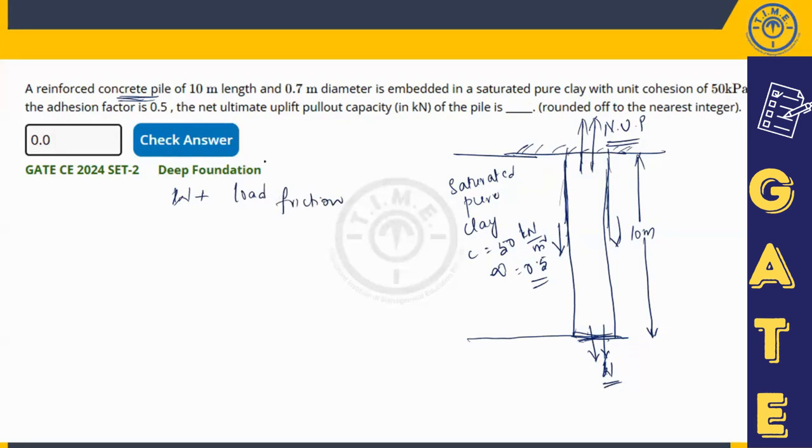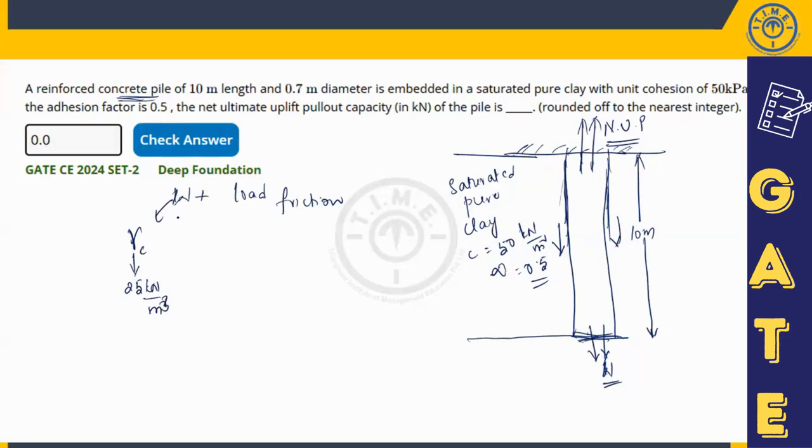It is made of concrete. That is gamma C, the unit weight of concrete. That's nothing but 25. Unit weight of concrete is 25 kilonewton per meter cube.